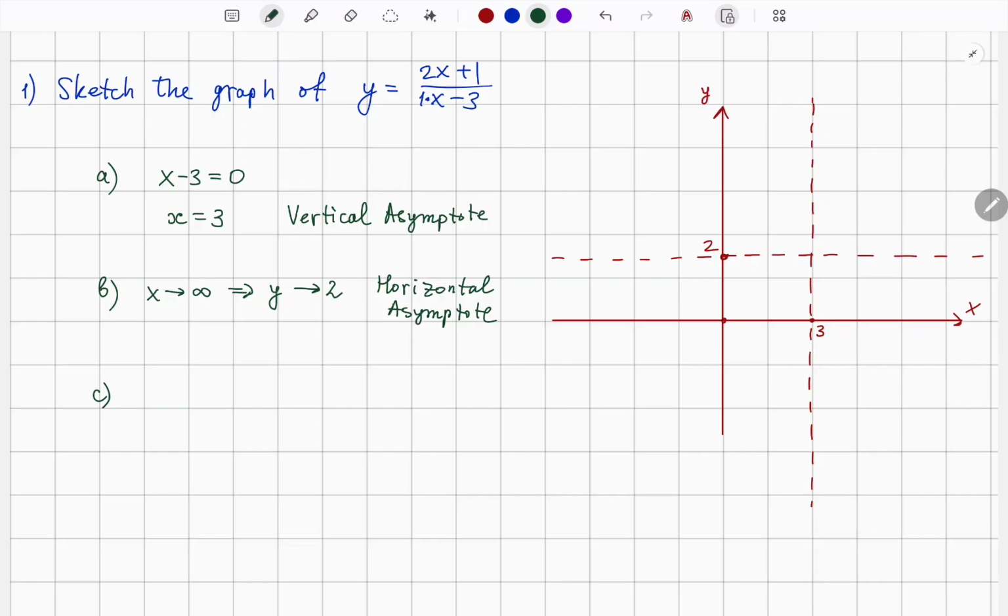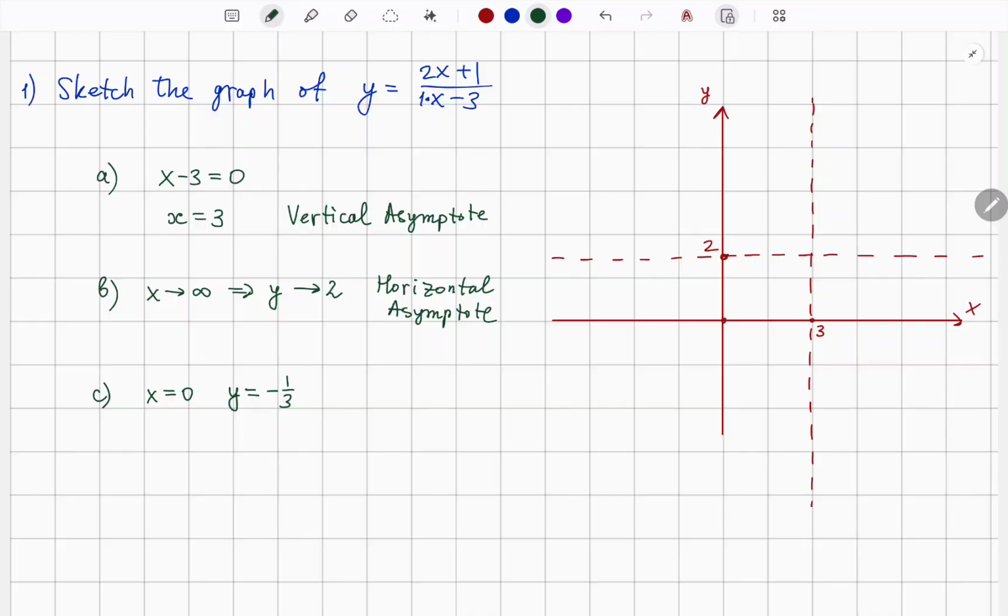I think the easiest sample point I can choose is x equals 0. If I put x equals 0 into the function, then what I have is 1 divided by minus 3. So in other words, y equals minus 1/3.